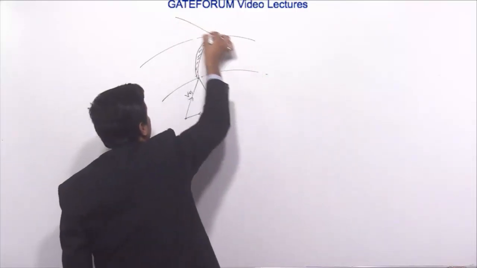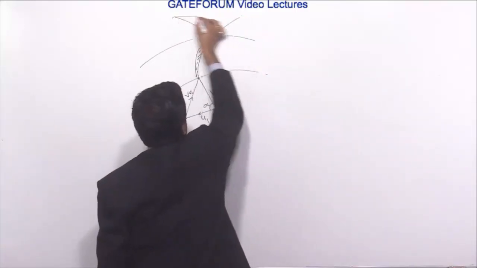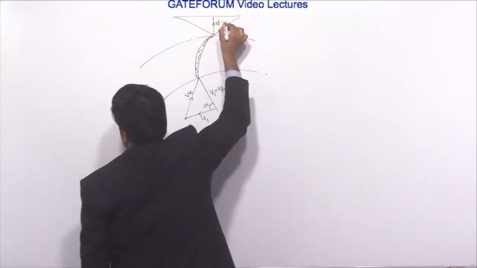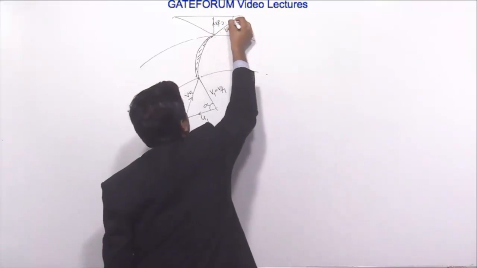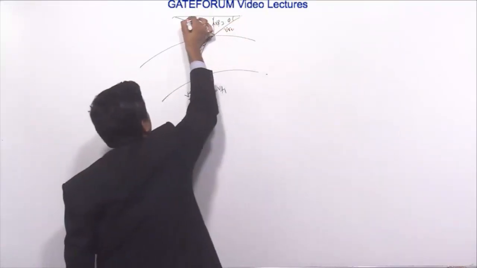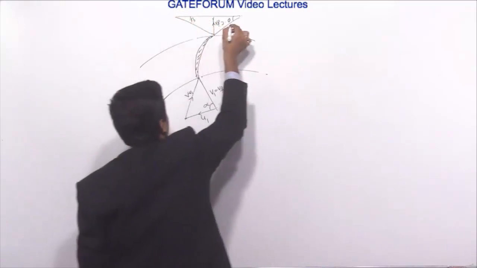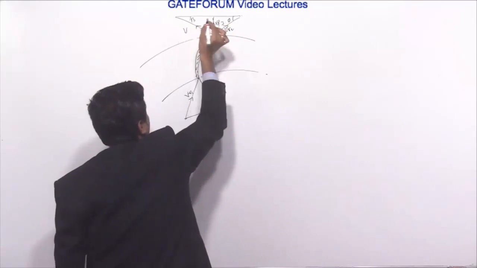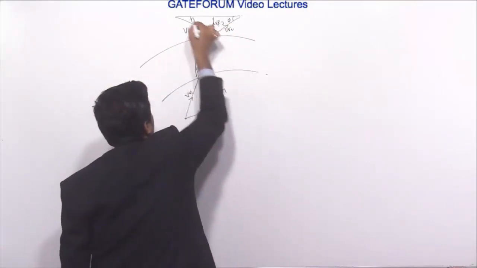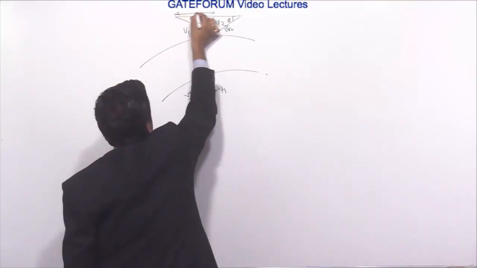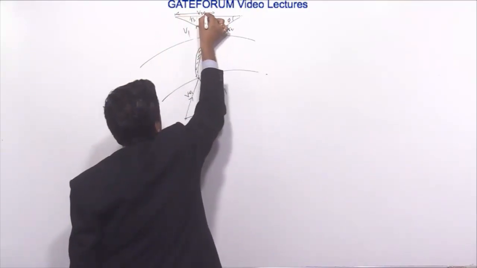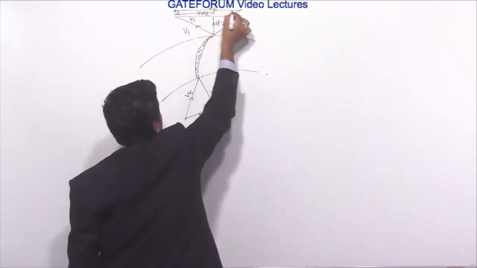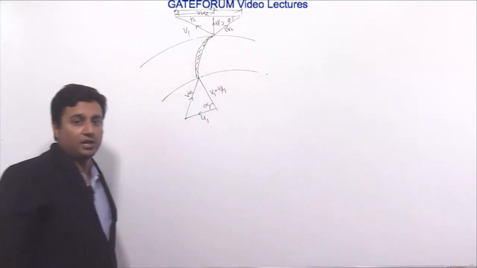Generally the outlet velocity triangle is like this. Vr2, phi is equal to beta, that is your relative velocity, and that is your absolute velocity, and its component is Vw2, and that is your U2, the blade velocity at the outlet.